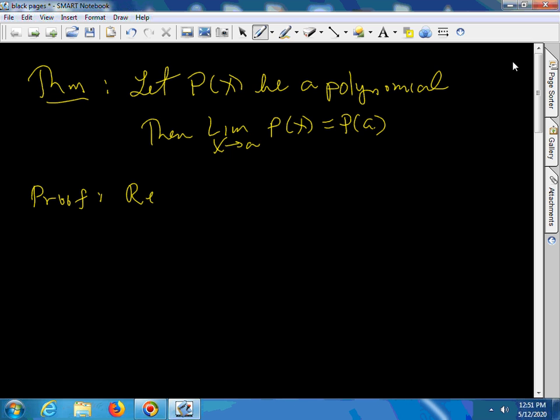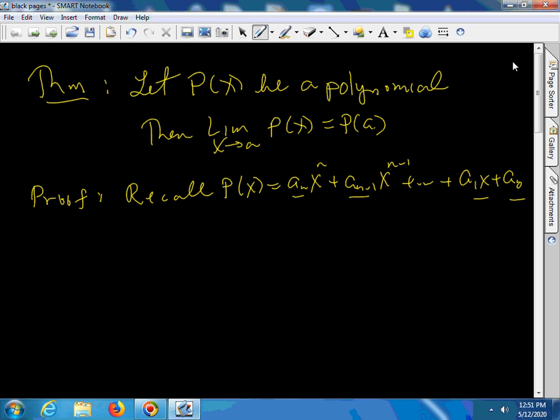So recall that a polynomial p of x is always a number times x to the n plus another number times x to the n minus 1 all the way down to a number times x plus a number. Any one of these numbers could be 0. In other words, you can have 3x to the 7th plus 2x to the 6th plus 1.